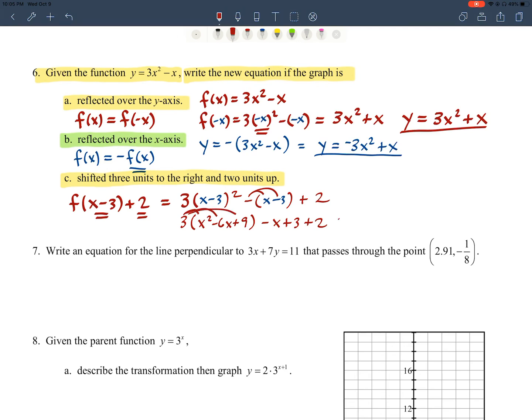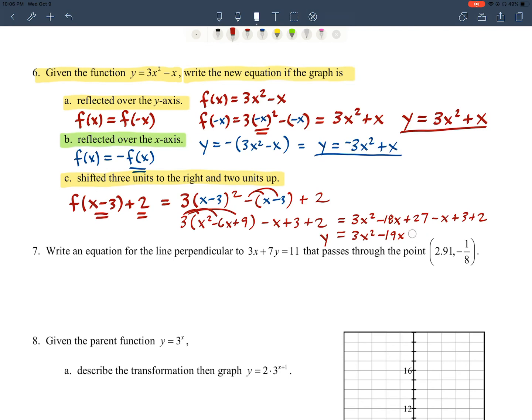So what we're looking at is 3x squared minus 18x plus 27. And then we still have that minus x plus 3 plus 2. And when we simplify it all the way down, we should have 3x squared minus 19x plus 32.